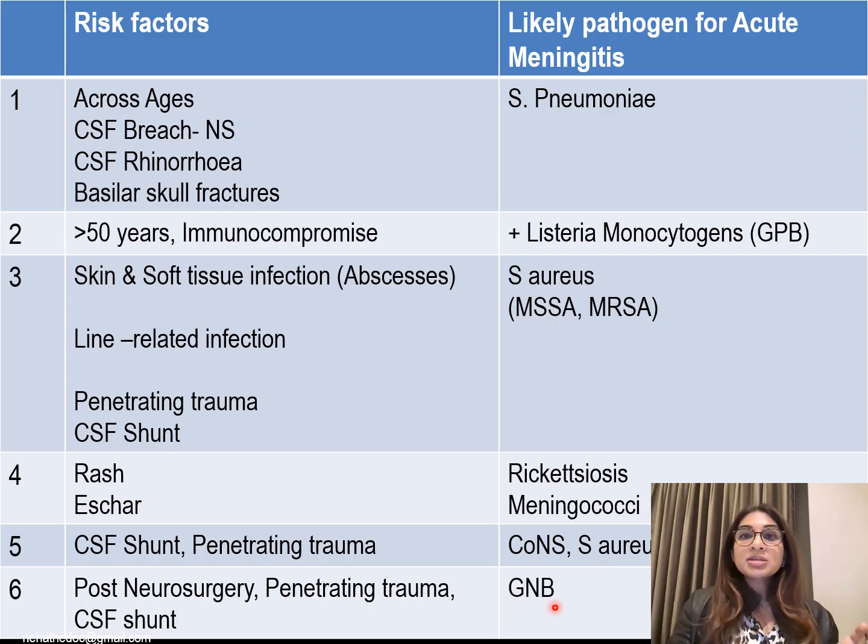GBS, E. coli, Klebsiella pneumoniae, Acinetobacter, as well as even Enterococcus are a consideration post neurosurgery, following some penetrating trauma and in case of CSF shunt. So there is a list of pathogens. However, even clinically, there can be certain clues and risk factors which can help us in predicting that these could be the likely pathogens.